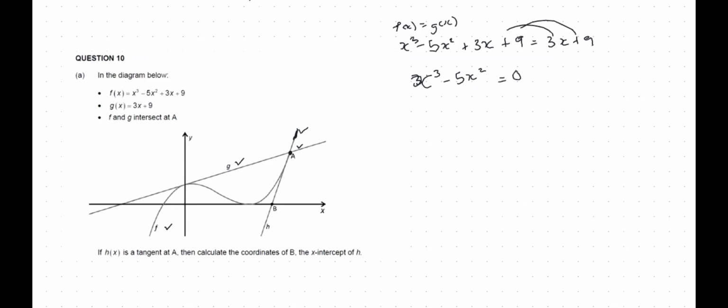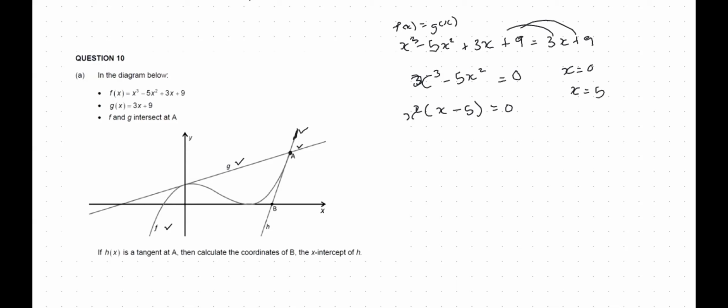I'll take out x squared as a common factor. I'll be left with x minus 5 is equal to 0. Therefore, I'll get x is equal to 0 and x is equal to 5.